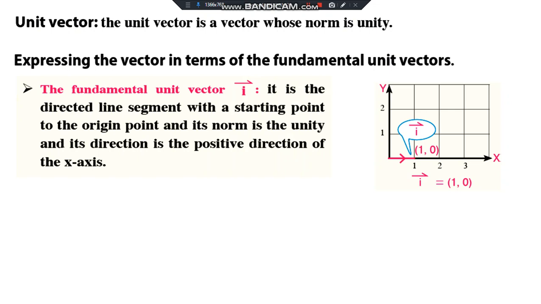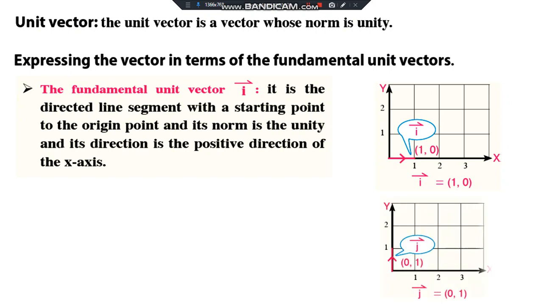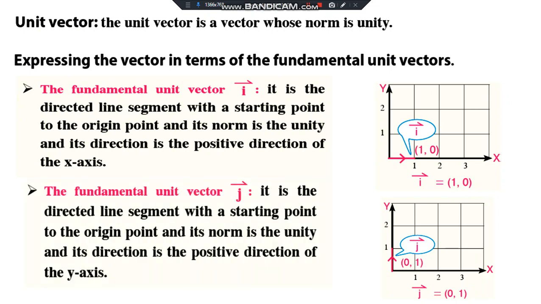The fundamental unit vector i is the directed line segment with starting point at the origin point, its norm is unity, and its direction is the positive direction of the x-axis. It's important that we have a direction, which is the positive direction of the x-axis. If you want to express the unity vector in the y-axis, the fundamental unit vector is represented by the j vector.